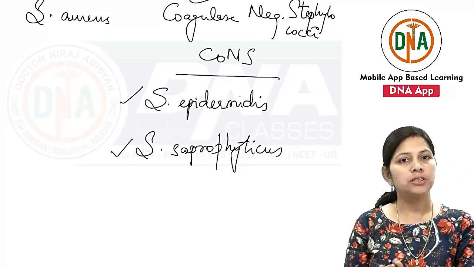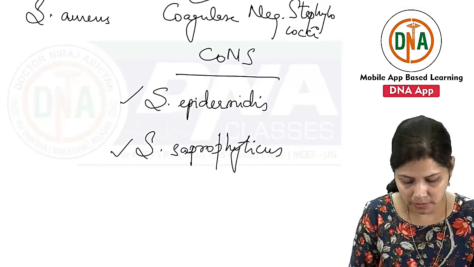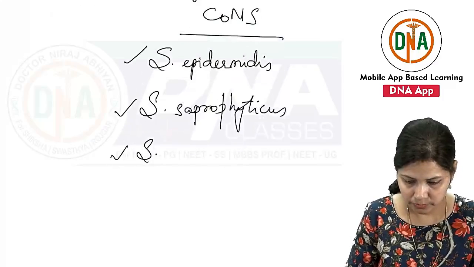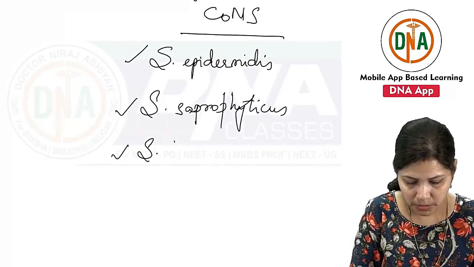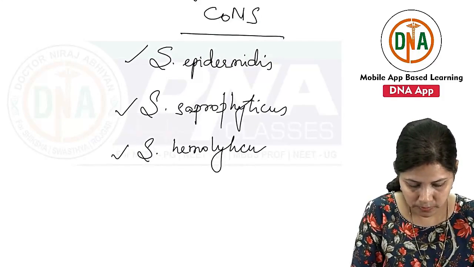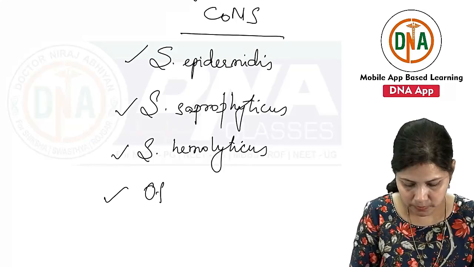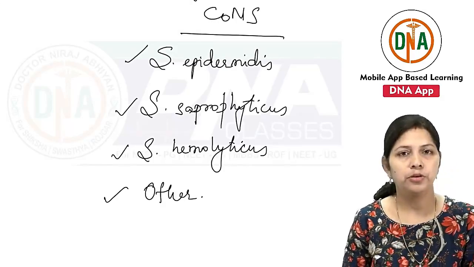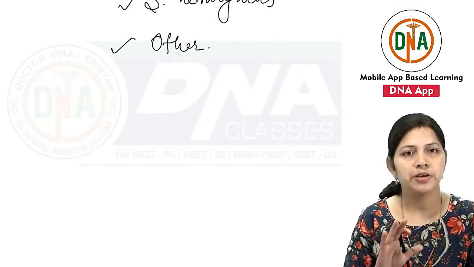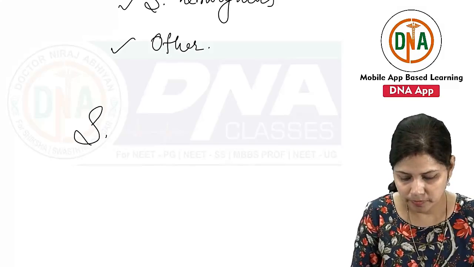Okay, so all these bacteria we will see one by one, and Staphylococcus hemolyticus and other bacteria. Okay, so we will start with the main pathogenic one, that is Staphylococcus aureus.